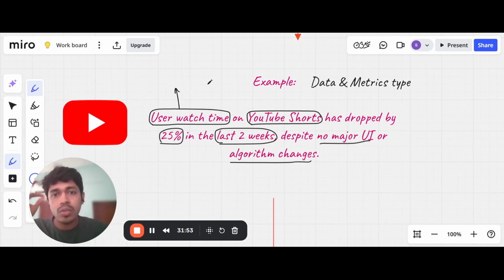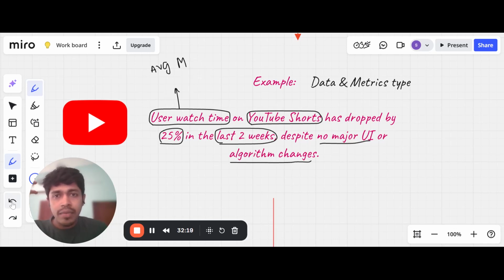So the first one is user watch time. How do we define this? Is it the average watch time of monthly active users, or is it the watch time of daily active users, right? Or is it the total watch time? If not the average, is it the total watch time, right? How do we define the watch time?